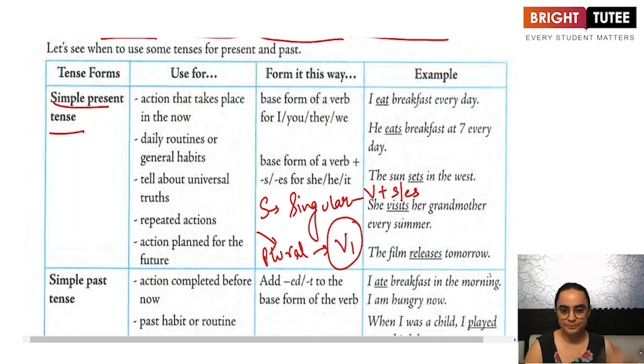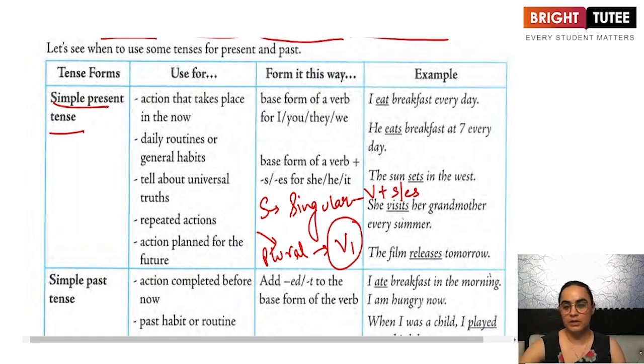For example, she is a singular subject, so she eats a cake every Sunday. He drinks milk every morning. It rains in Meghalaya. Singular subjects, therefore I added S or ES at the end of it. If I talk about the plural subjects such as I, we, they, you, so they eat a cake every Sunday.